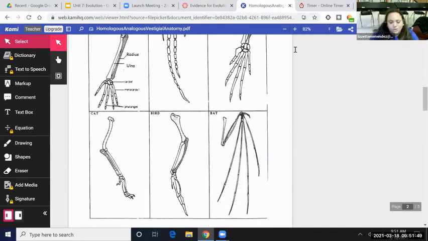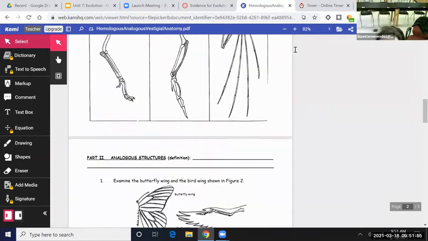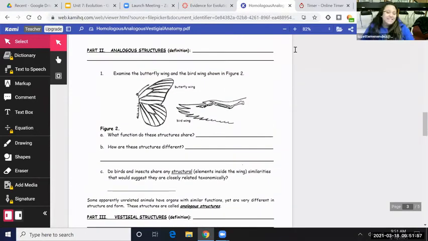So with homologous structures, it shows that they are closely related when they have those similar structures. And with analogous structures, it doesn't necessarily show us that they're related, just tells us that they adapted to their environment. They use their wings to fly, but they still look different and are still very different from each other.